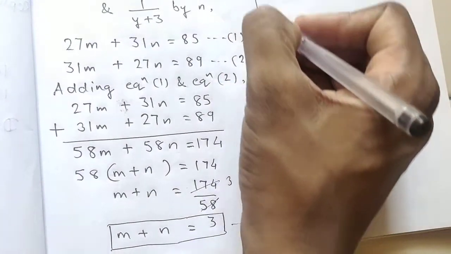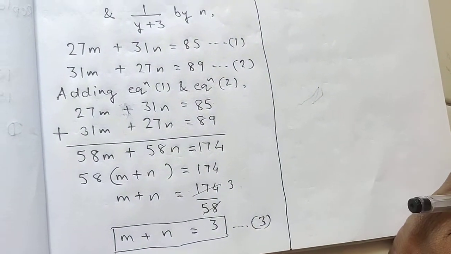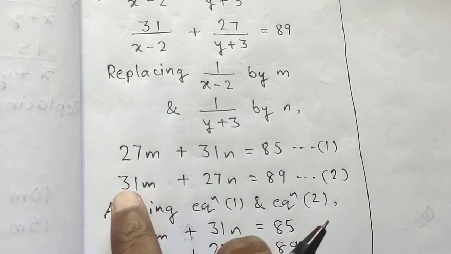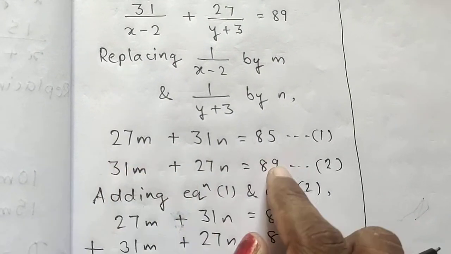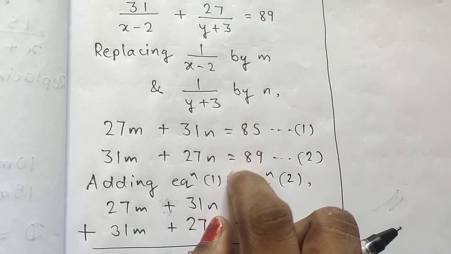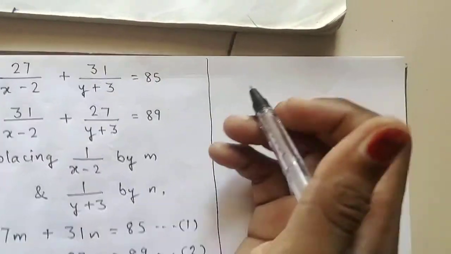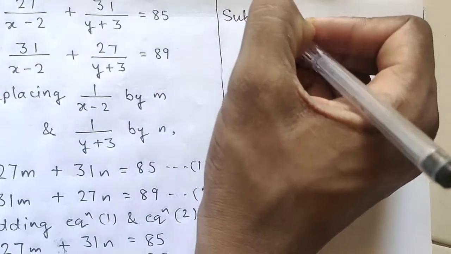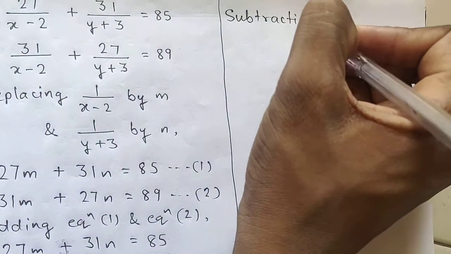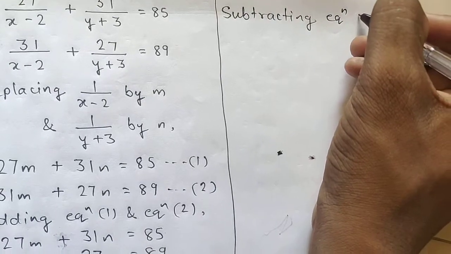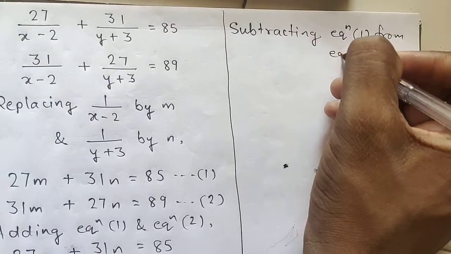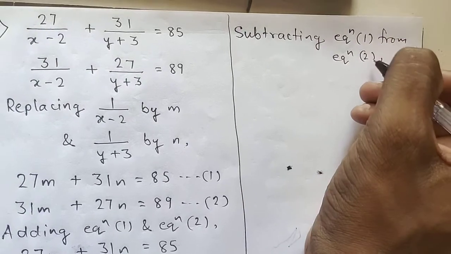Now what we are going to do? We are going to subtract equation 1 and equation 2. So which one is a little bigger? Equation 2. So we are going to subtract first from second. Subtracting equation 1 from equation 2.